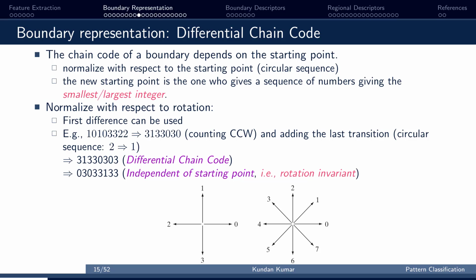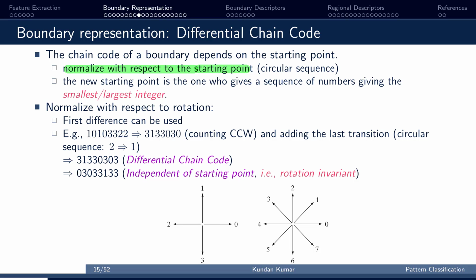So we have to make it rotation invariant, and for that we have to normalize with respect to the starting point. And how can we normalize it? If we make this Chain code circular, that means if we consider the circular sequence, then it will be independent of the starting point.